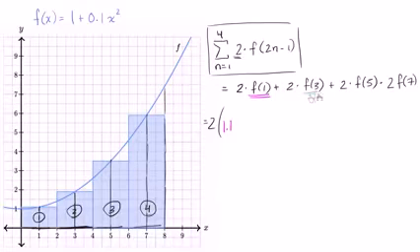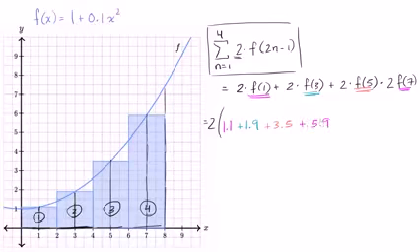Then f of 3 is 1 plus 0.1 times 3 squared, which is 9, so 1 plus 0.9 is 1.9. Then f of 5 is 1 plus 0.1 times 25, which is 2.5, so 1 plus 2.5 is 3.5. And finally f of 7 is 1 plus 0.1 times 7 squared, which is 49 times 0.1, 4.9, plus 1, so 5.9.